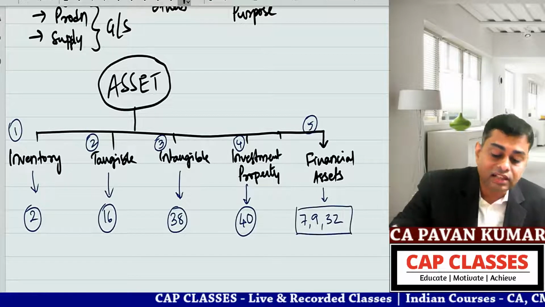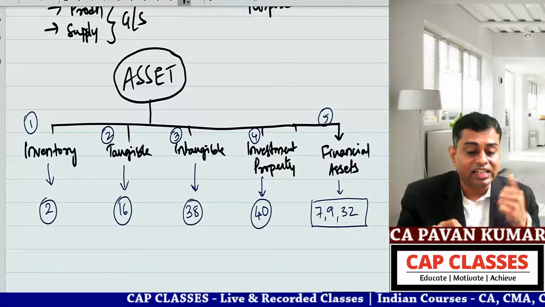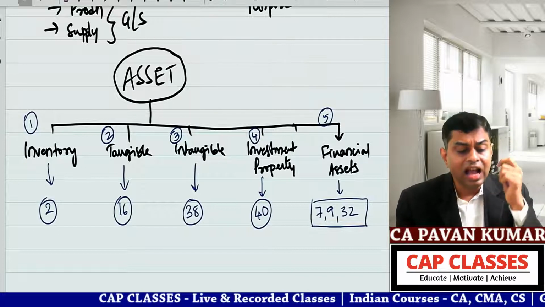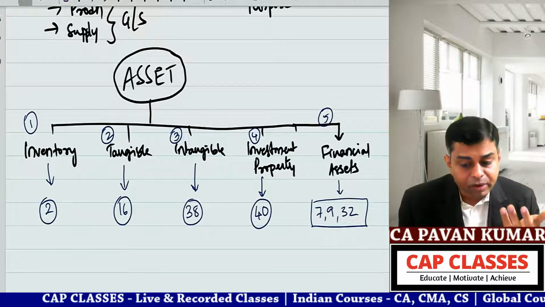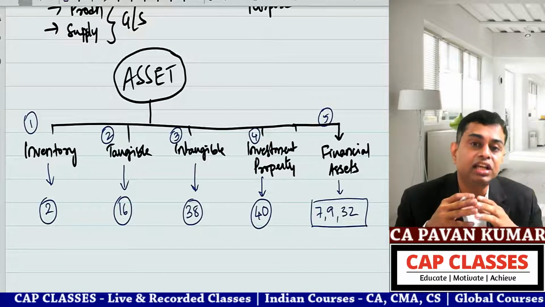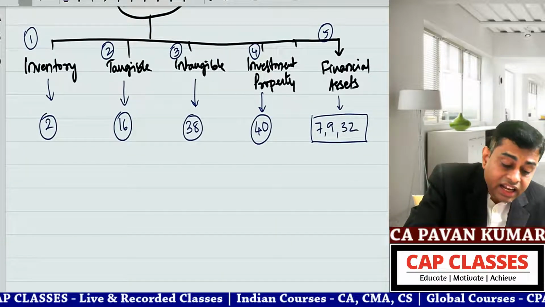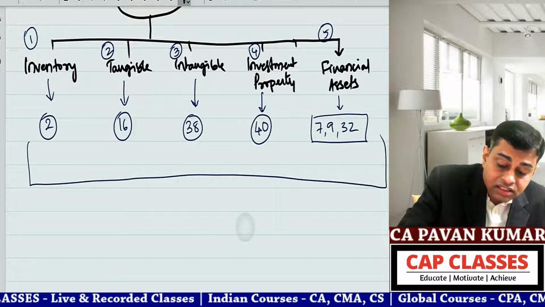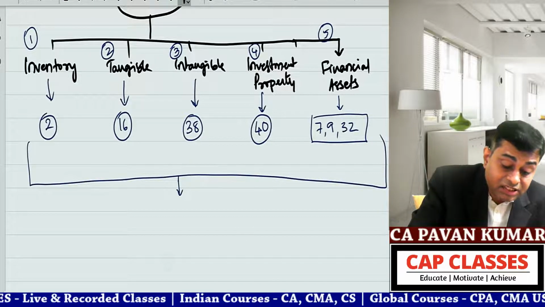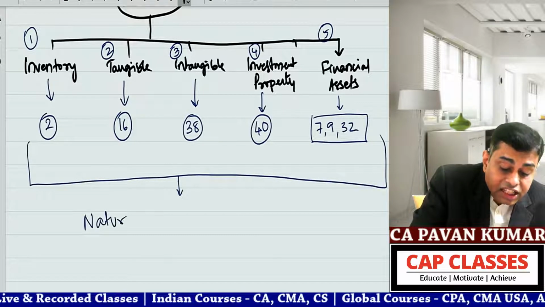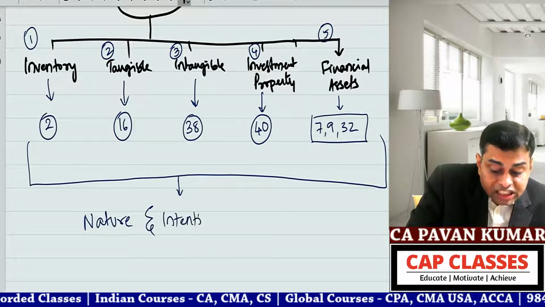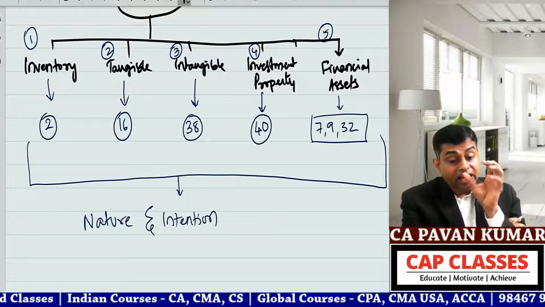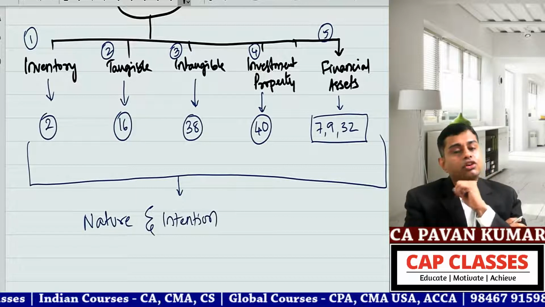So these are the broad categories of assets. An asset can be an inventory, a tangible asset, an intangible asset, investment property, or a financial asset. The categorization is based on the nature of the asset and the intention of the management to use it.